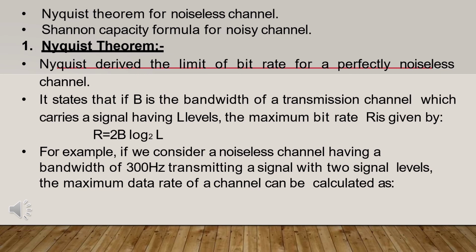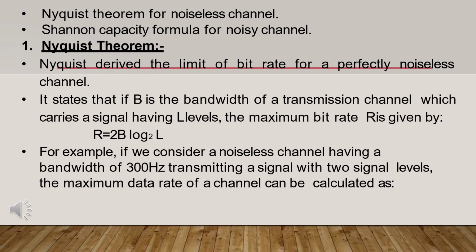Nyquist derived the limit of the bit rate for a perfectly noiseless channel. It states that if B is the bandwidth of the transmission channel which carries signals having L levels, then the maximum bit rate R is given by R = 2B log base 2 of L.